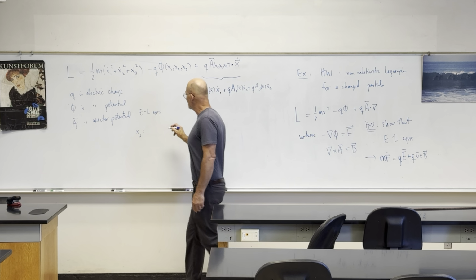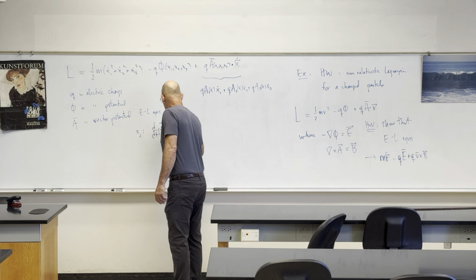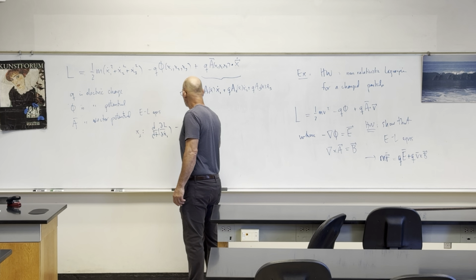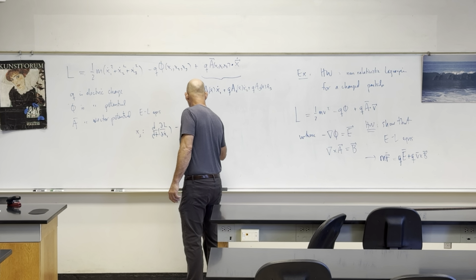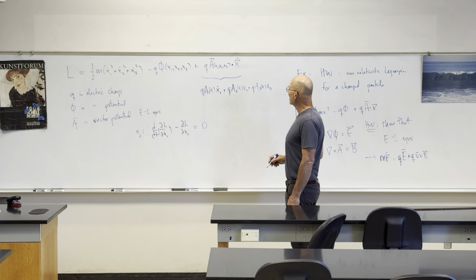So we would have d over dt of partial L partial x1 dot minus partial L partial x1 equals 0. There's a bit going on this time.